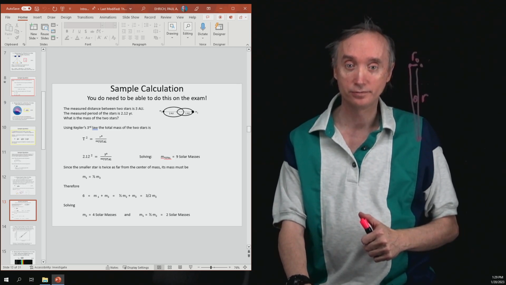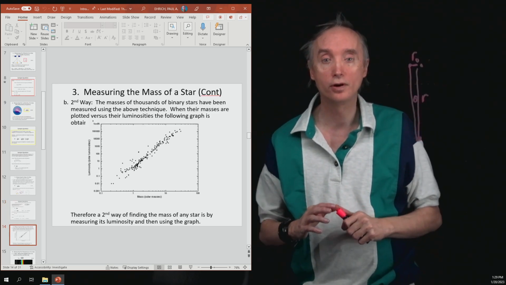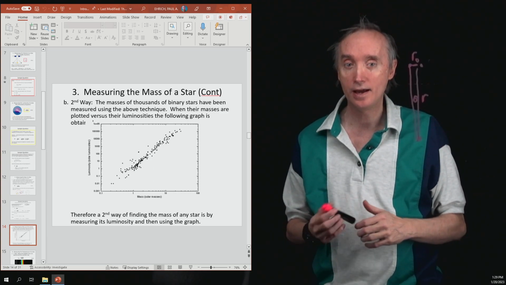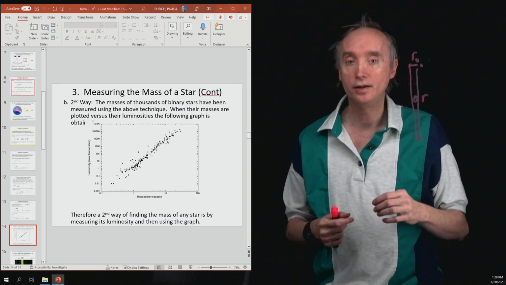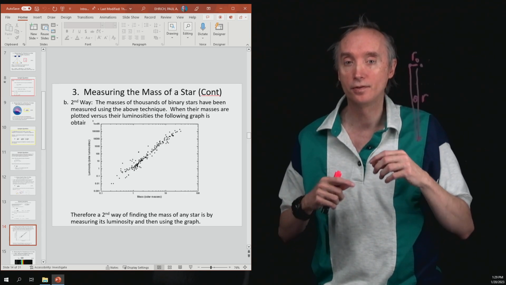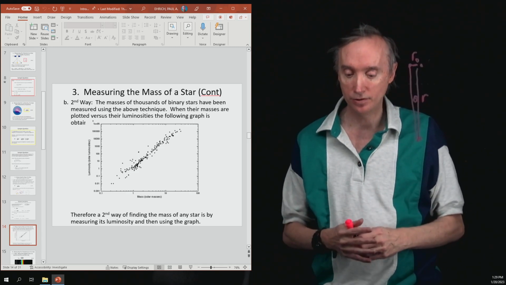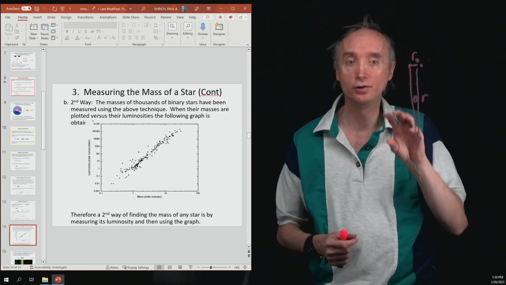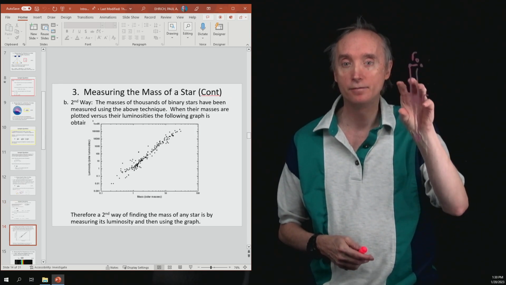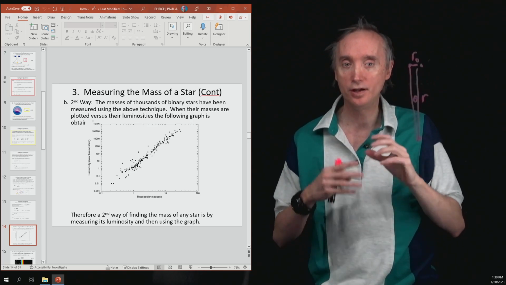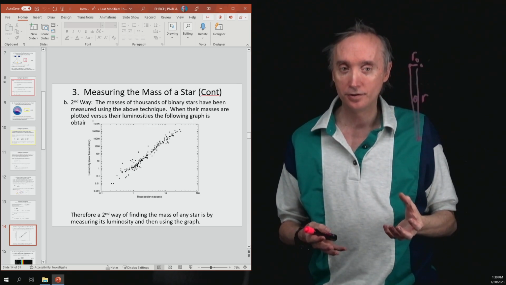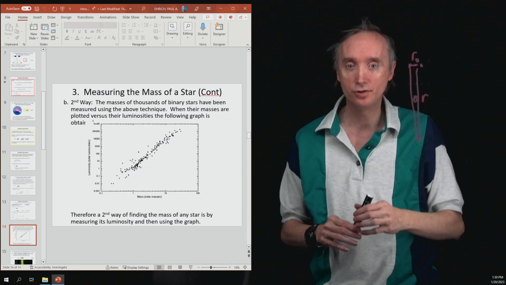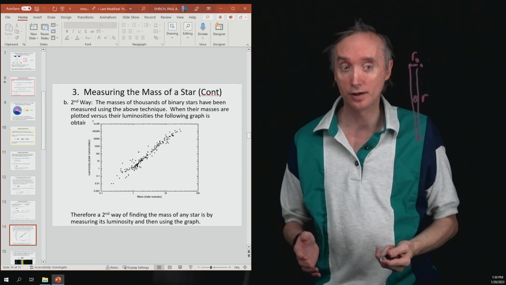Well, astronomers have done this for literally thousands of stars, that they have measured the mass of stars by using this technique, and by looking at the star, they have measured their luminosities. Now, how do you get the luminosity again? You put your photometer on your telescope, and that gives you the F, the apparent brightness.